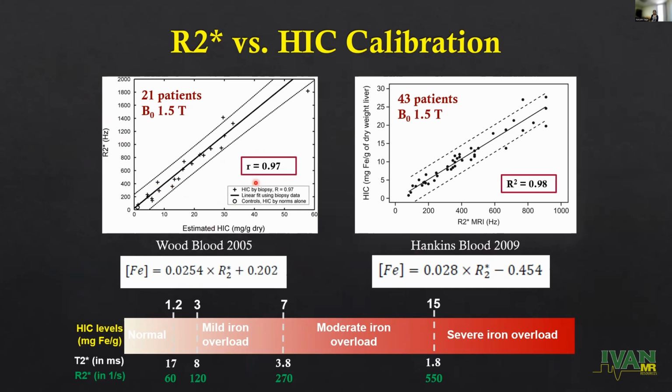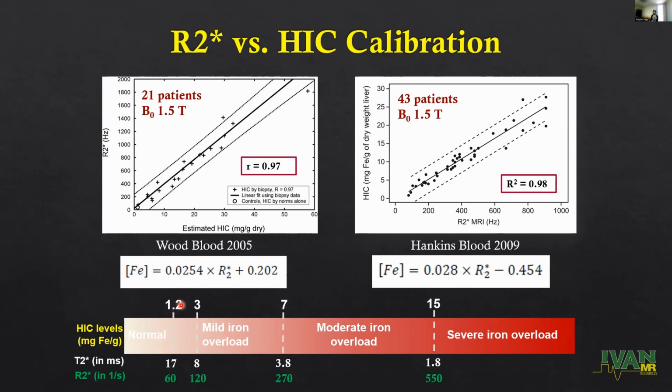And if you see here, it's showing a very excellent correlation. So they developed calibration equations where, from the MRI, you can quantify the R2 star, plug it into this equation, and tell how much iron is there, so that the hematologist can use this iron content to prescribe the chelation dose. Typically, a normal iron content is less than 1.2.